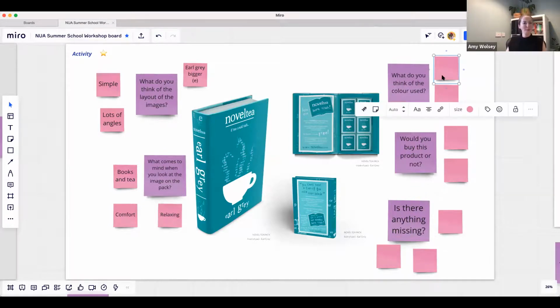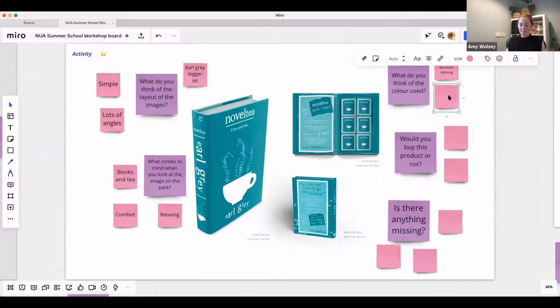What about the colour? What do you think of the colour used? Okay. That's great.